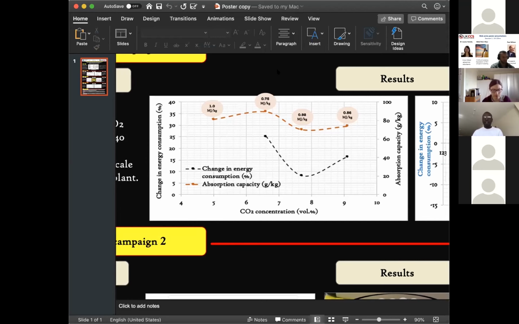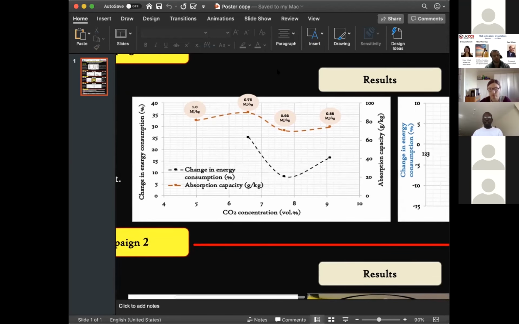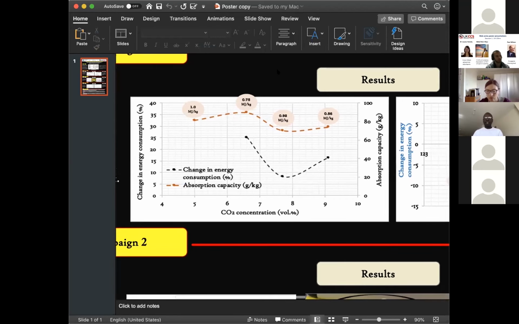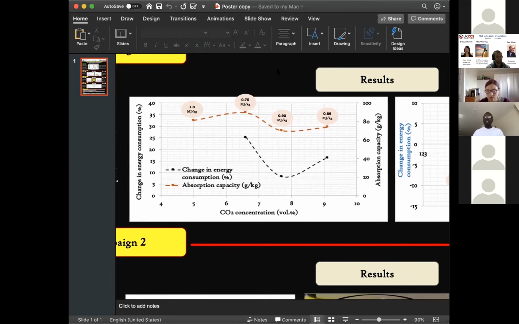What I have here on my screen, let's start with the y-axis to the right. This is the absorption capacity, the ratio of the CO2 capture rate to the mass flow rate of the solvent.